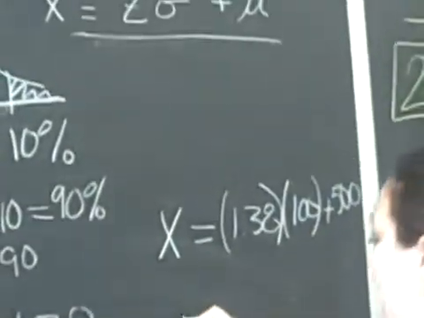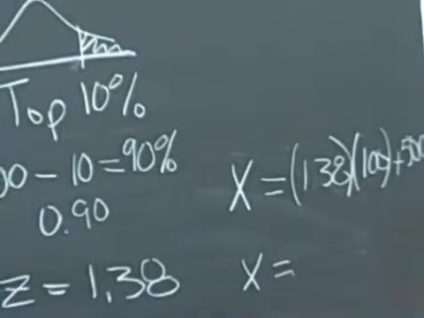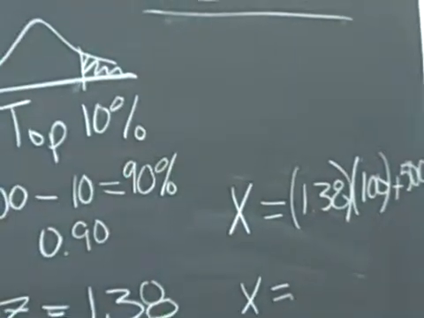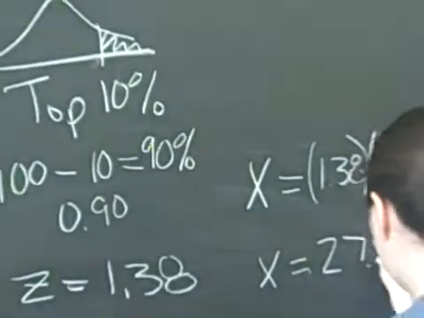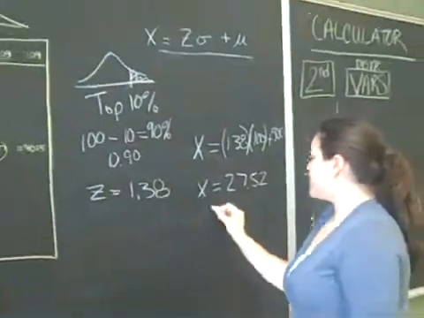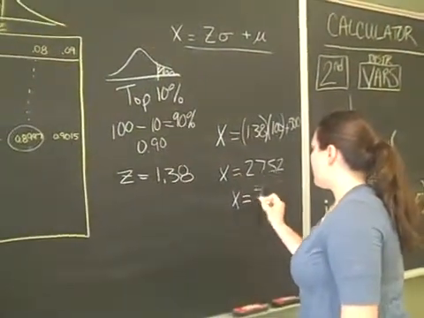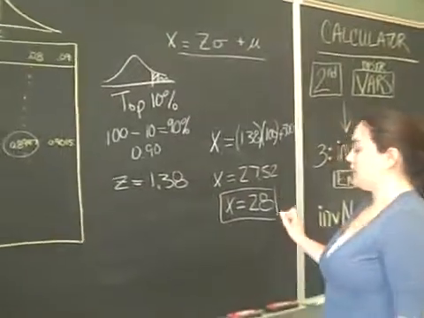When we calculate that out, x comes out to be 27.52. So, in order to be in the top 10%, he has to score at least 28 on his test.